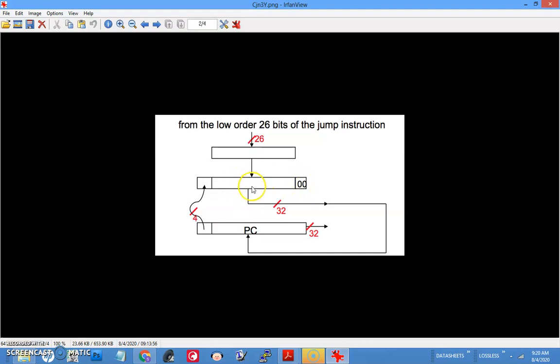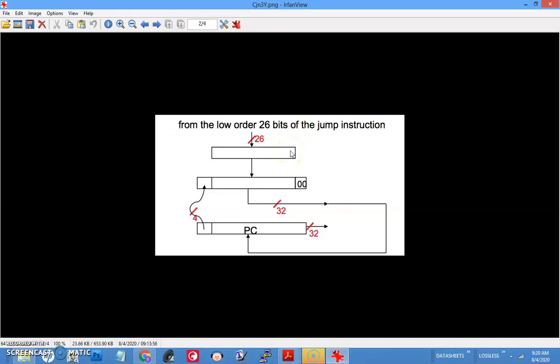That value is concatenated with the upper 4 bits of the PC. So you get the whole 32-bit value. That 32-bit value will be loaded into the PC. Okay, so PC gets modified and that value goes for decoding the instruction. Hope it is clear. That is for the jump instruction.